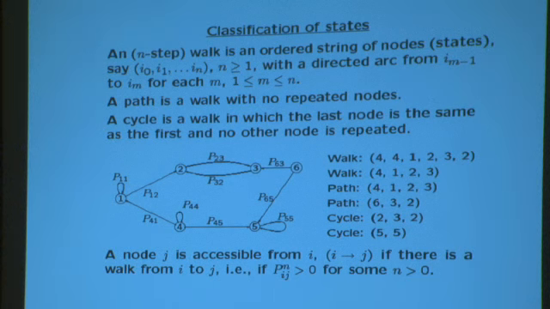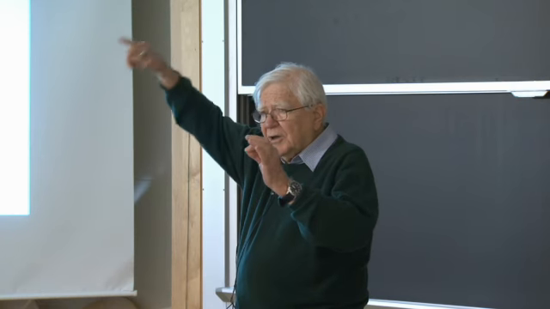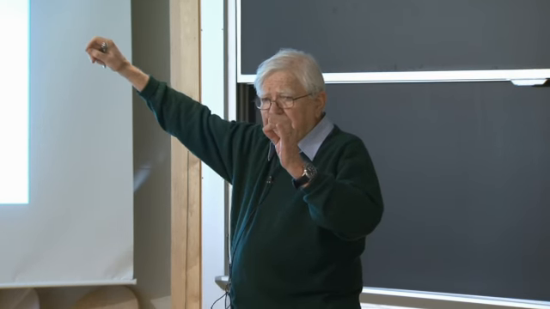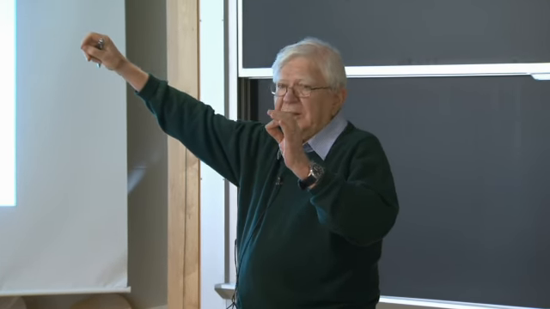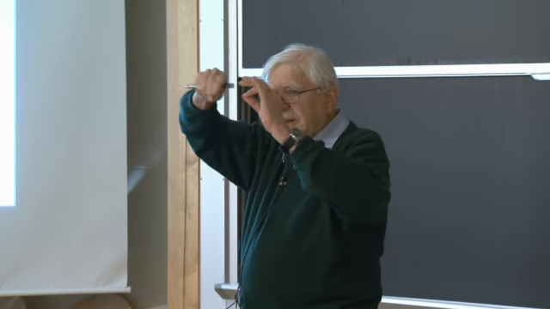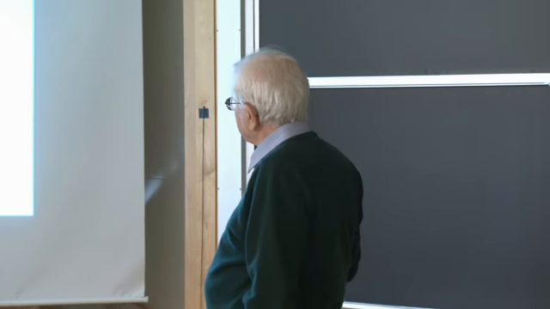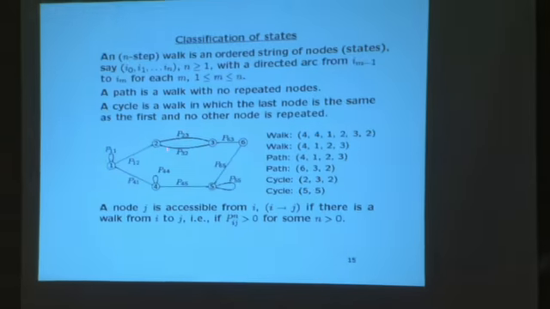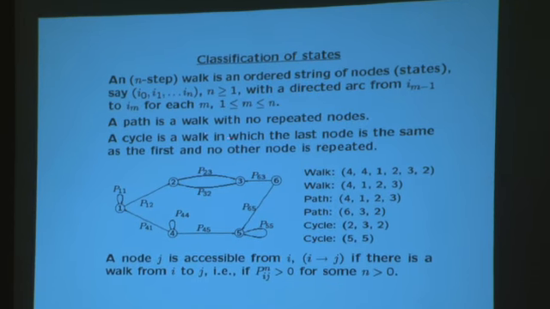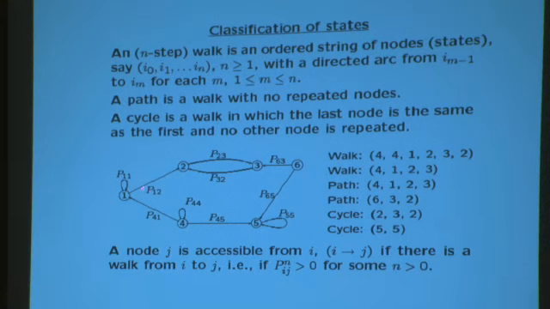You'd like to look at paths because if you're going to be able to get from one node to another node, and there's some walk that goes all around the place and gets to that final node, there's also a path that goes there. If you look at the walk, you just leave out all the cycles along the way and you get to the end. And a cycle, of course, which I didn't define, is something which starts out at one node, goes through a path, and then finally comes back to the same node that it started at.